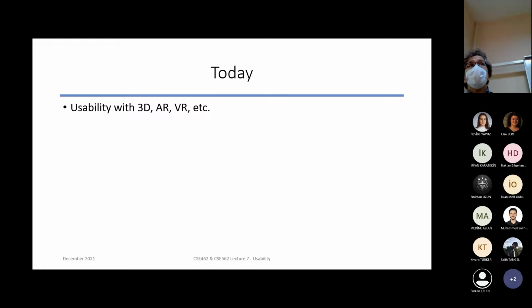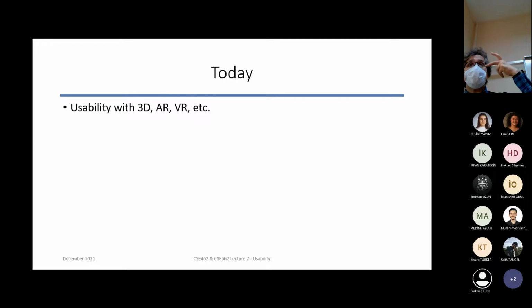Now, if you recall your first homework, the entire homework was about some mechanisms to interact with your 3D world.